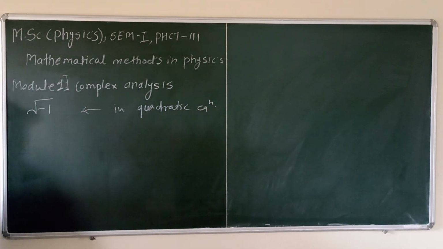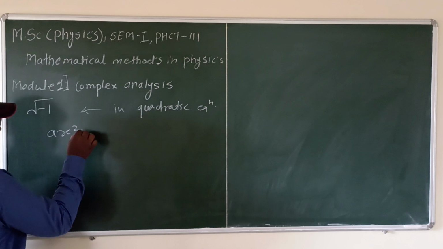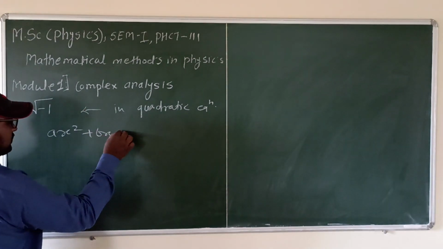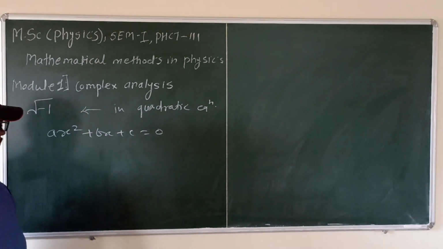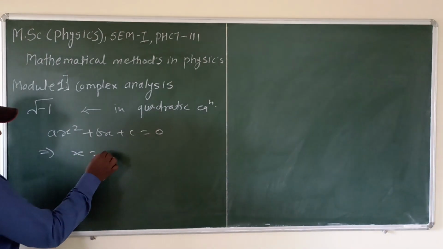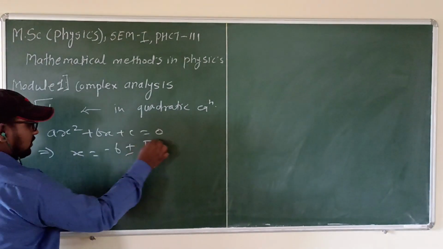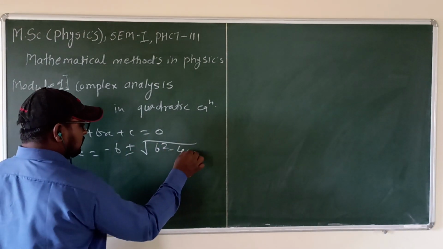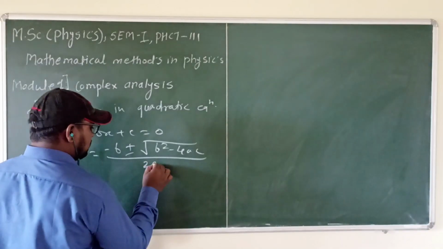What are quadratic equations? Like ax square plus bx plus c is equal to 0, whose solutions are x is equal to minus b plus or minus the square root of b square minus 4ac, upon 2a.